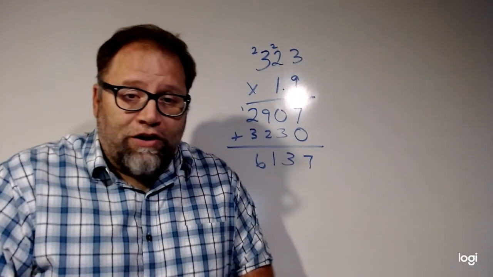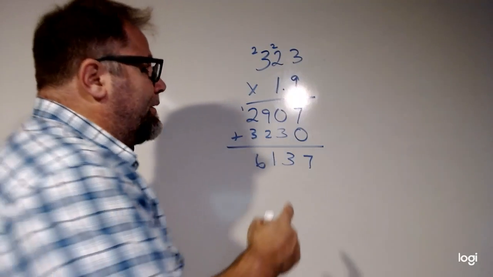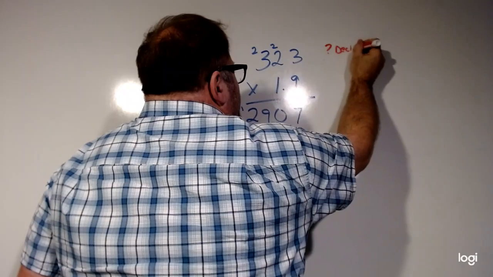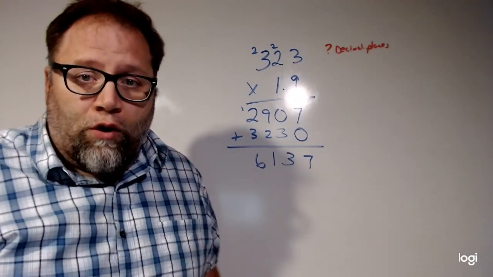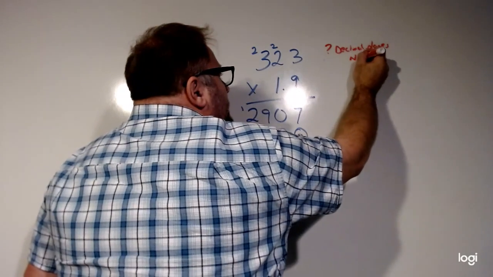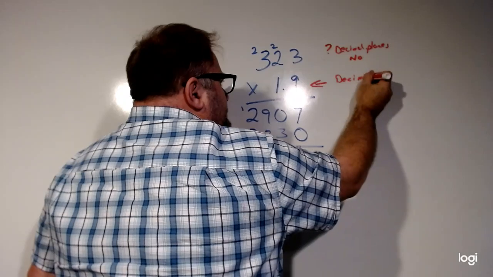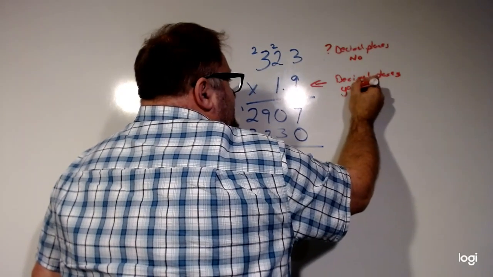Now here's everything you need to know about multiplying with decimals. We're going to go back into the problem here. Are there any decimal places here that we need to account for? No. Are there any decimal places here? Yes.